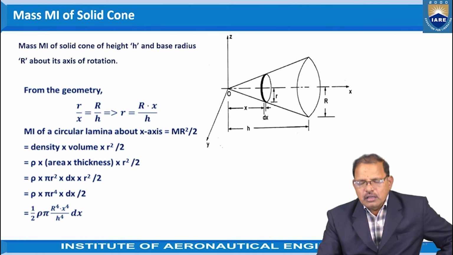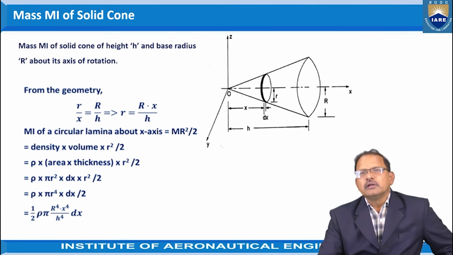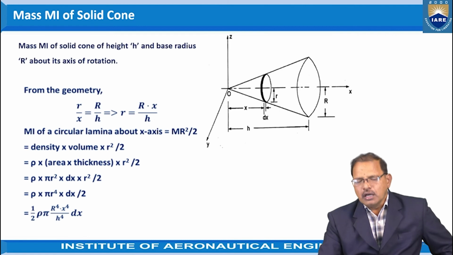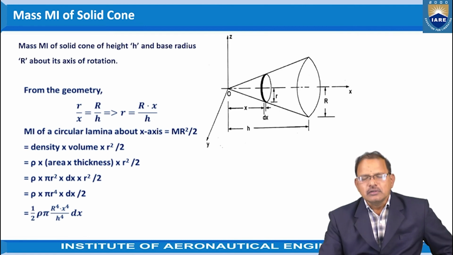Now, keep this right circular cone in such a way that the axis is in a horizontal position and is treated as the x-axis. The line which passes through the apex O and is perpendicular to the x-axis is treated as the y-axis.